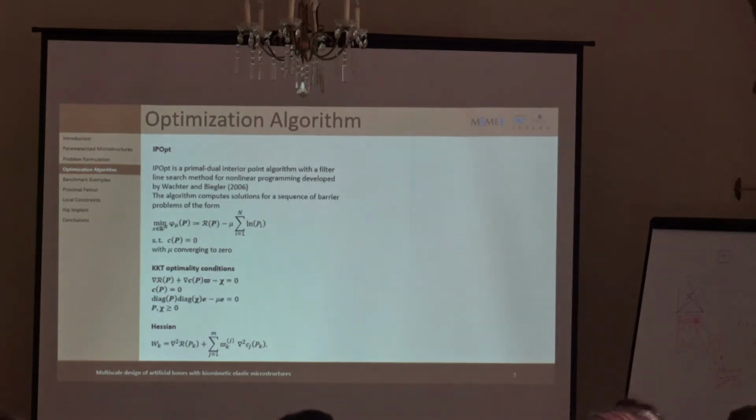For the optimization itself, we used IPOpt. IPOpt is an interior point optimizer for large-scale nonlinear problems. And this algorithm finds the solution of the problem using a sequence of barrier problems, or at least a solution that satisfies the first order optimality conditions.